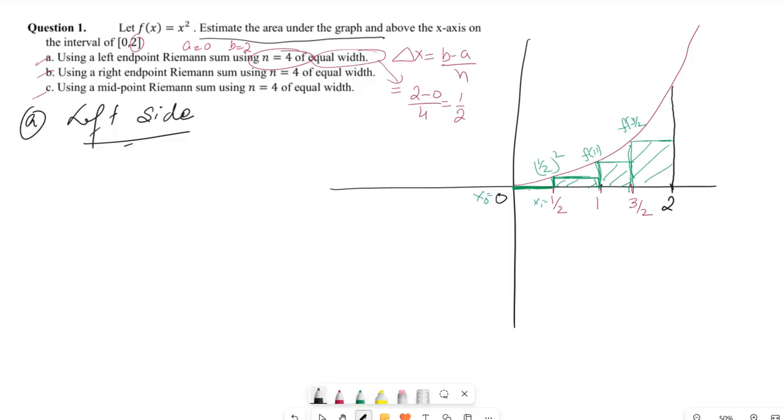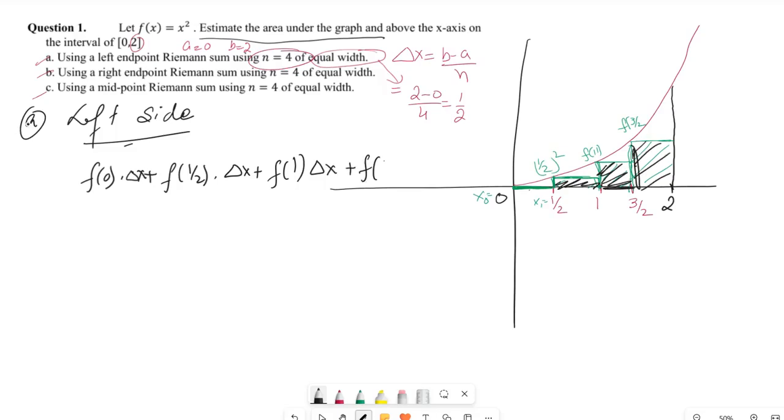Okay. So how do you find the area of these 4? The first one has height f of 0 times delta x, plus the second one here is f of half times delta x, plus this one f of 1 times delta x, plus the last one, f of 3/2 times delta x.